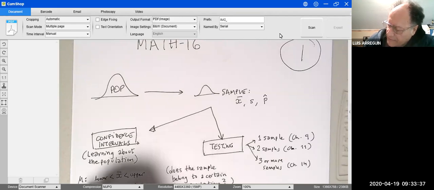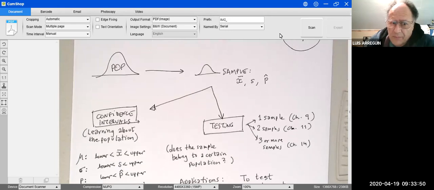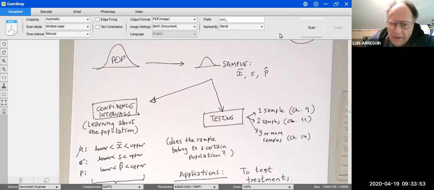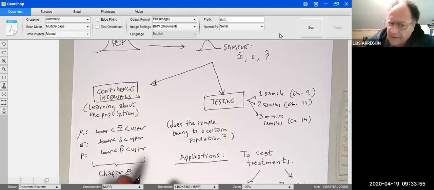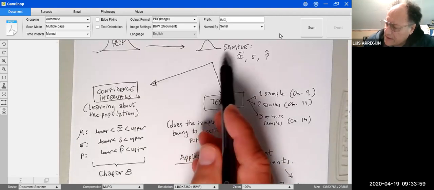The same thing, if we want to know about the standard deviation of the population, then we need to find a lower limit and an upper limit for that standard deviation, and the same thing for the proportion of the population. And this is something that we cover in chapter 8. So that's one of the purposes of collecting samples.